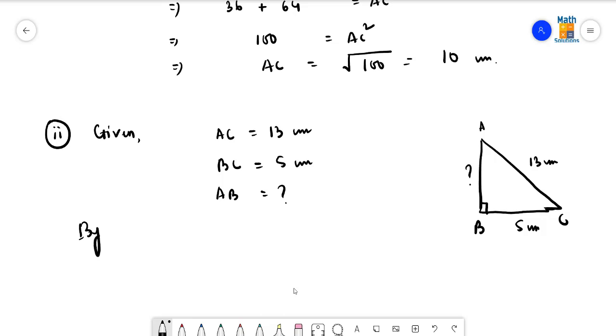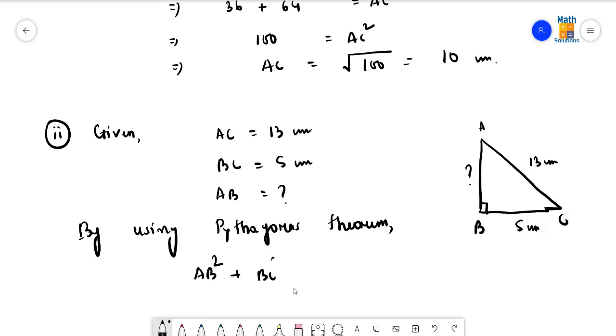By using Pythagoras theorem, what did I write here? Of course, AB square plus BC square, means base square plus perpendicular square, is equal to hypotenuse square, and here in this case the hypotenuse is AC.